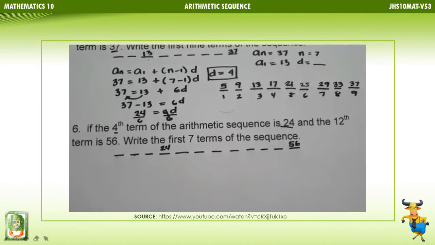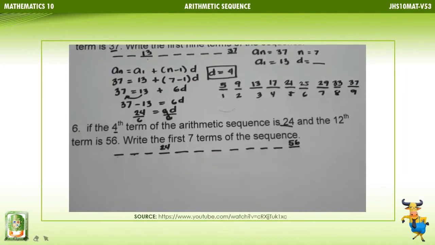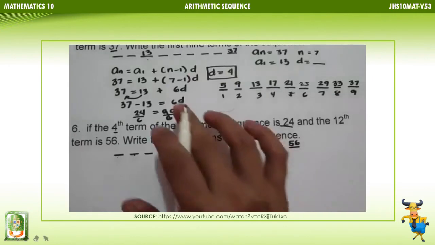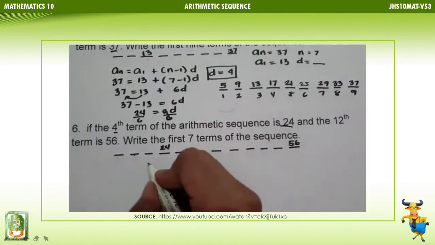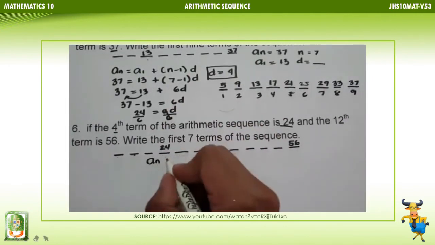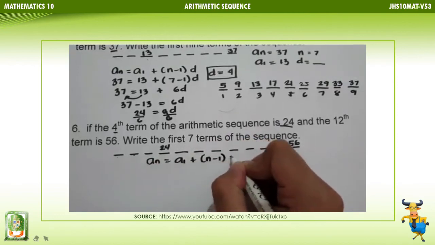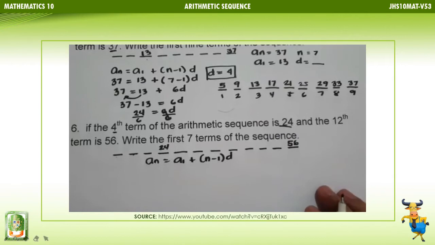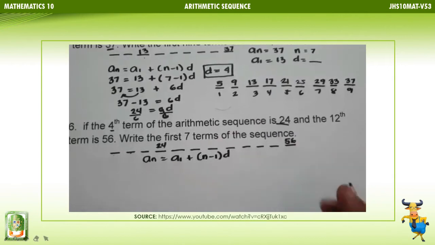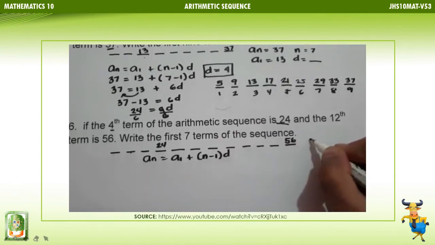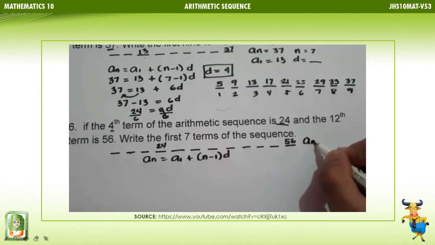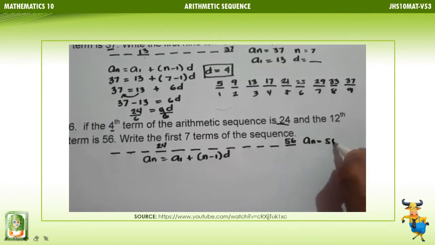Now, to write the first 7 terms of the sequence, let us use again the formula for an arithmetic sequence, which is a sub n equals a sub 1 plus n minus 1 times d. So let us identify the given. a sub n will be the last term, which is 56.